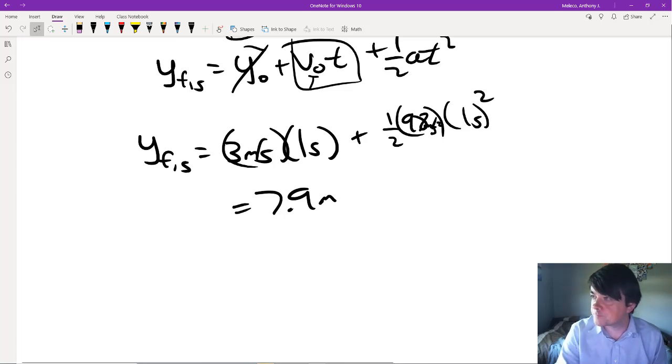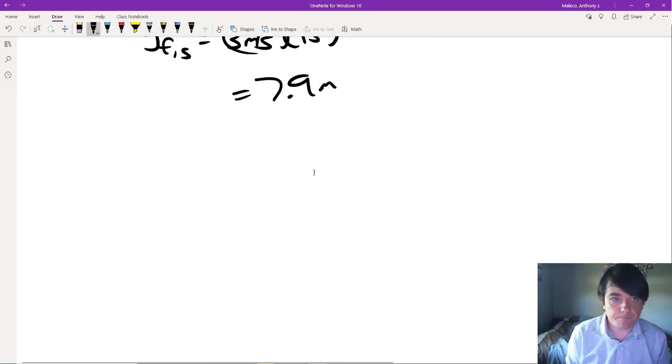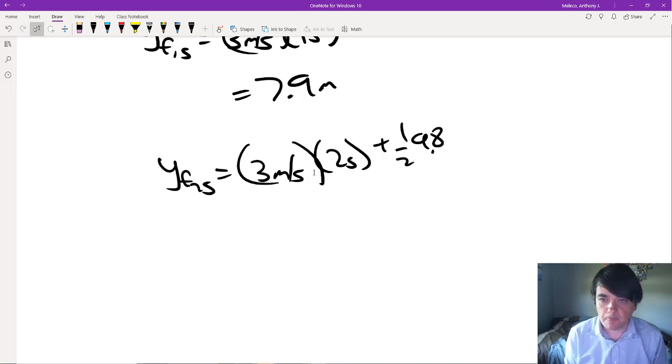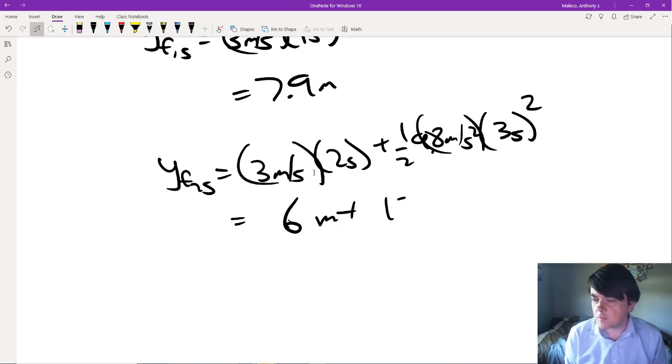Okay, and then the next one, times 2 seconds. Okay, 6 plus our original 19.6, so this is 25.6.